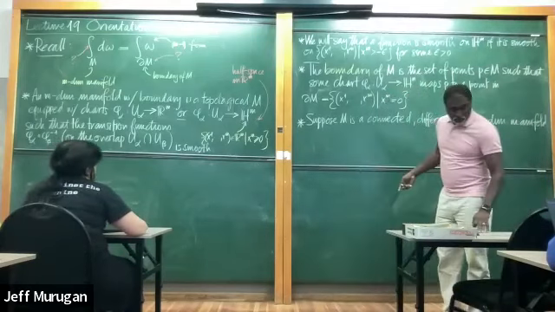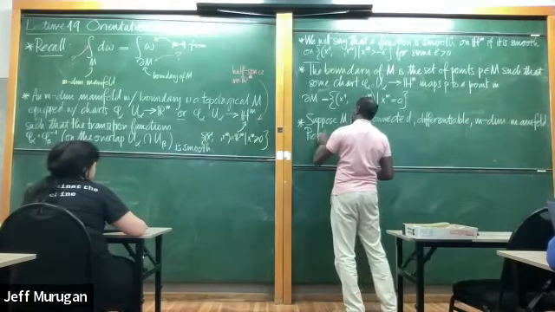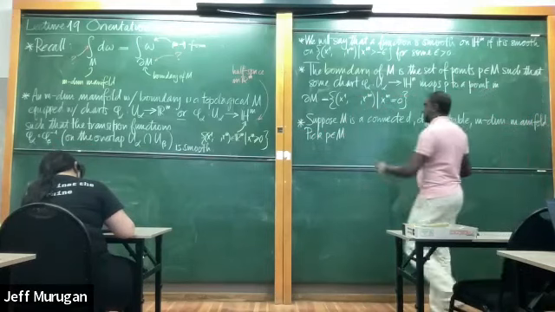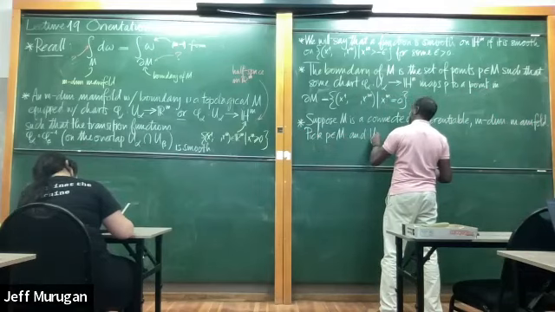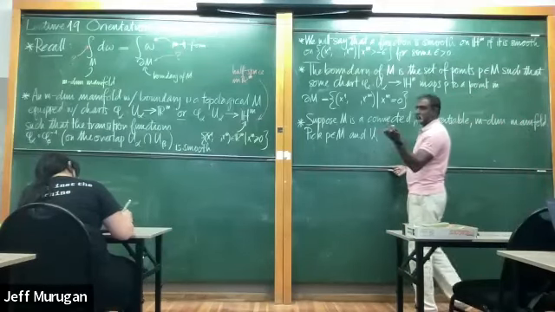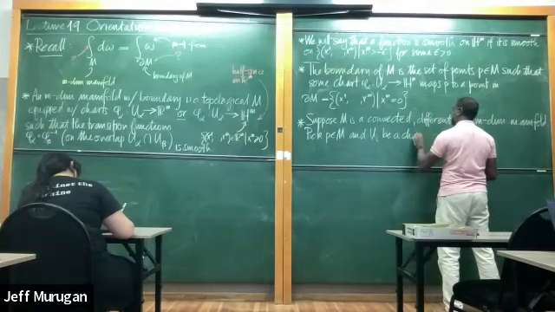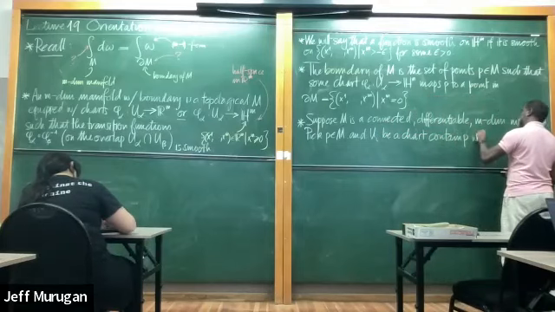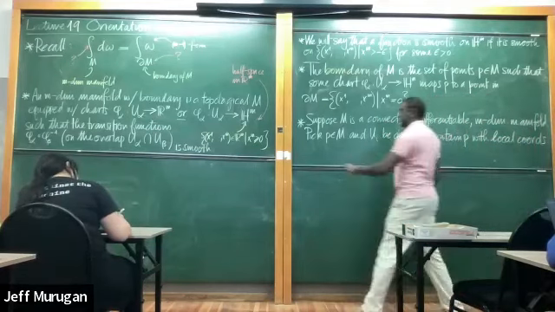I'm going to pick some point P. Let U_i be a chart containing P with local coordinates x^mu.